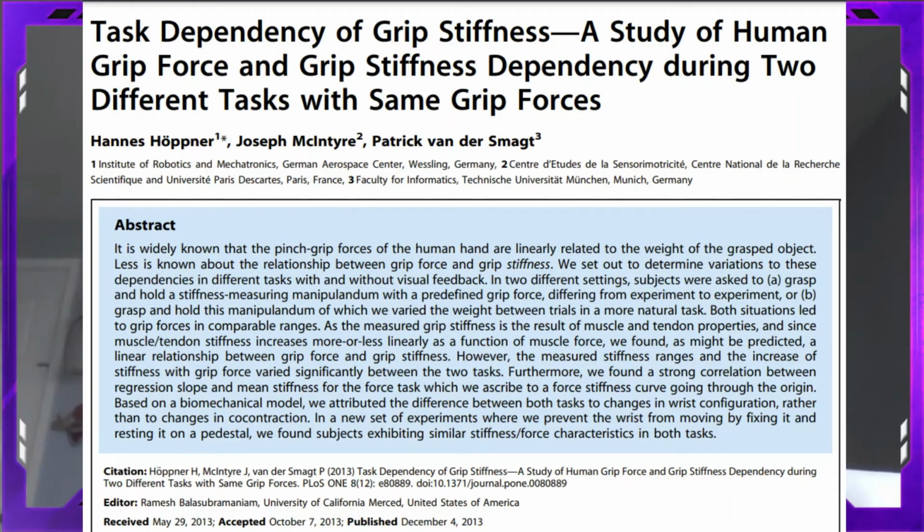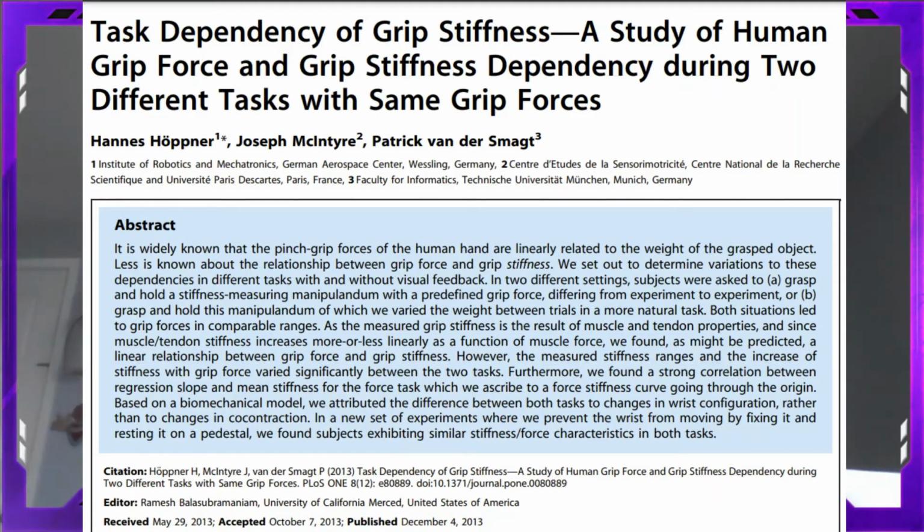However, the measured stiffness ranges and the increase of stiffness with grip force varied significantly between the two tasks. Furthermore, we found a strong correlation between regression slope and mean stiffness for the force task, which we ascribe to a force stiffness curve going through the origin.